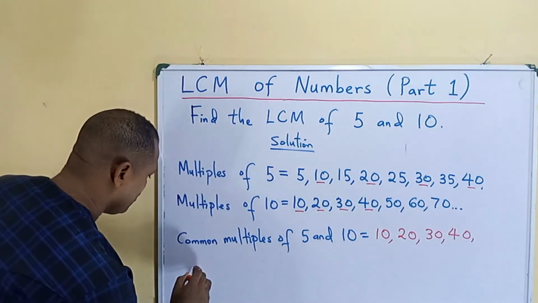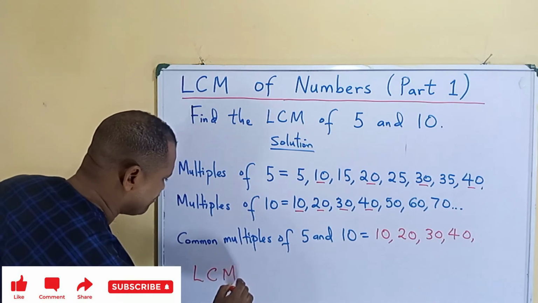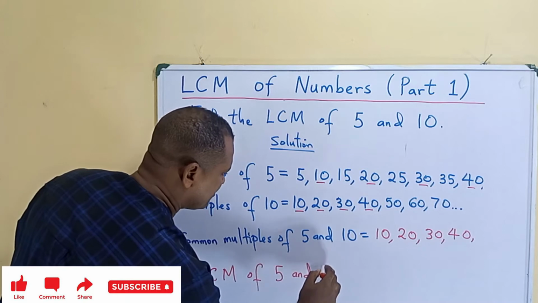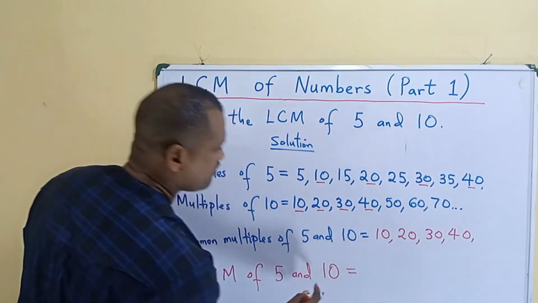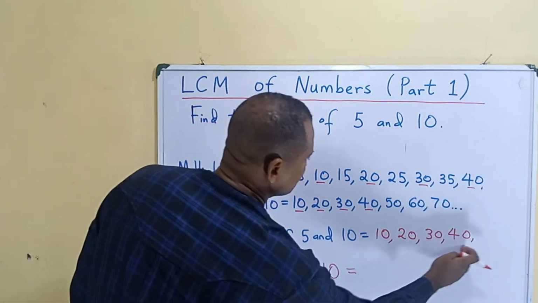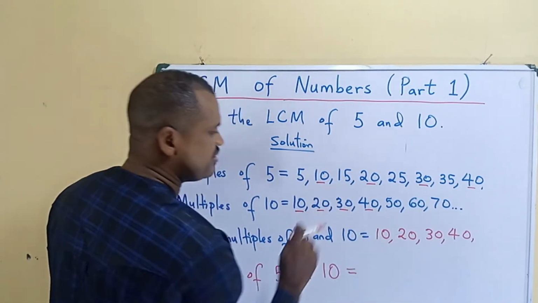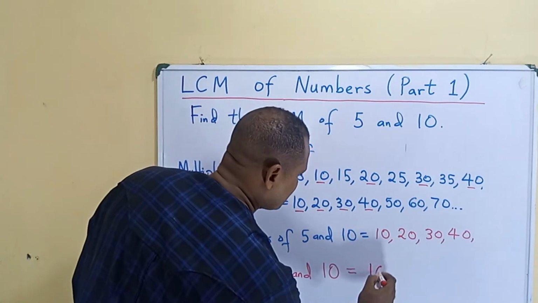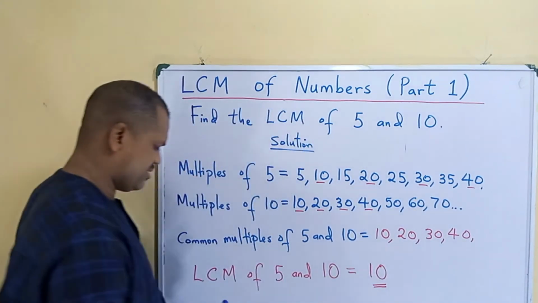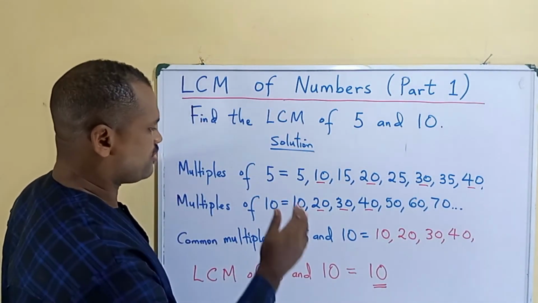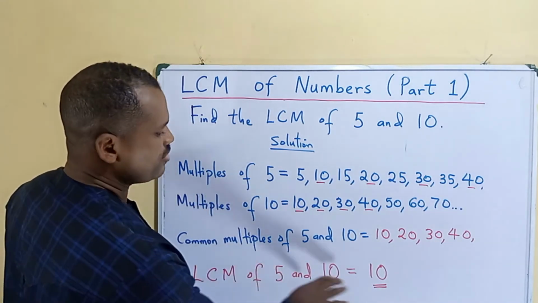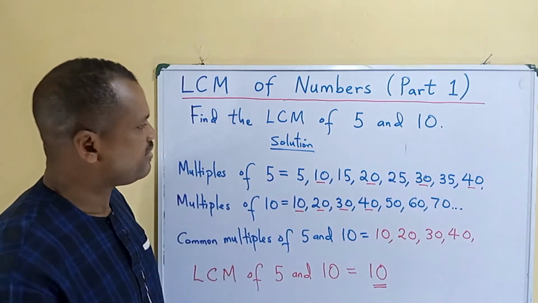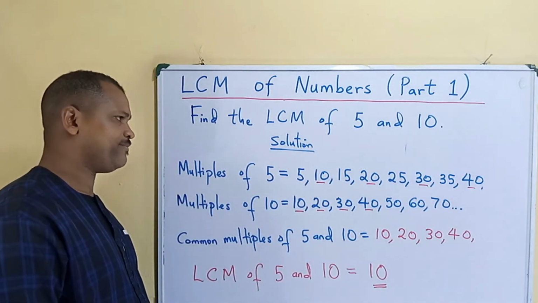So the lowest common multiple of 5 and 10, out of all this, 10 is the least or the lowest. So the answer is 10. So 10 is the lowest common multiple of 5 and 10.